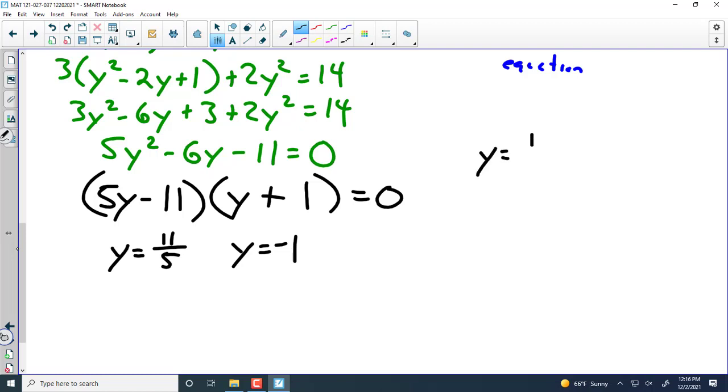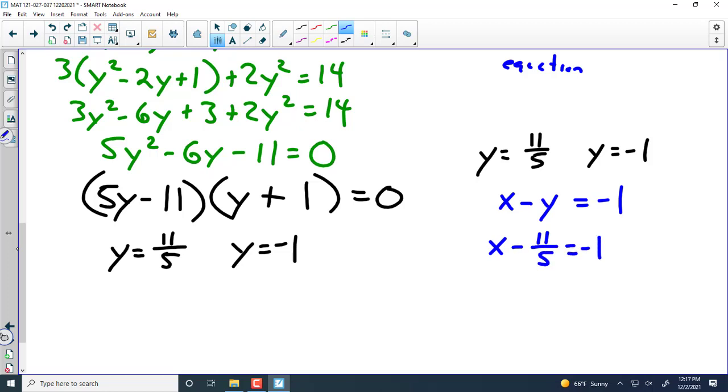So we take y equals 11/5, and we take y equals -1, and we plug them back into the simpler of the two equations, which in this case is x minus y equals -1. So that's going to be x minus 11/5 equals -1, and x minus -1 equals -1.